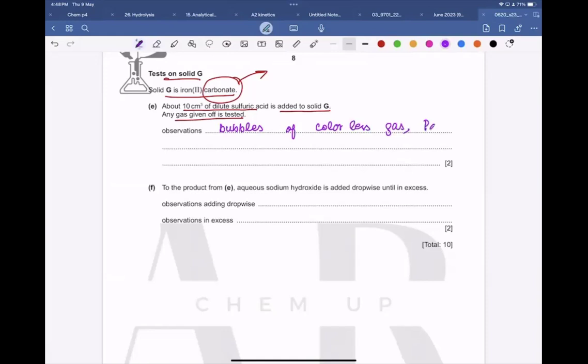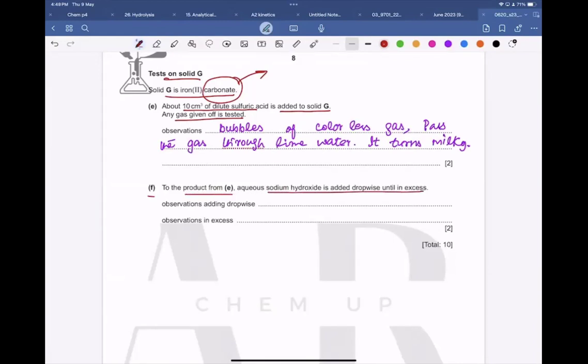Then the test for the gas, as we know that it's carbonate, so the gas is carbon dioxide, so pass the gas through lime water, it turns milky. Part F, to the product from E. Okay, aqueous sodium hydroxide is added dropwise until in excess, so it has the iron 2 positive ions, right?